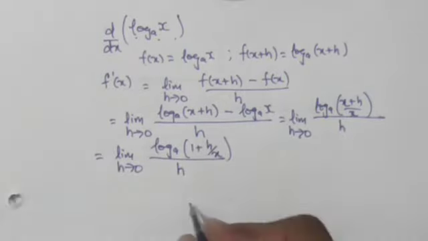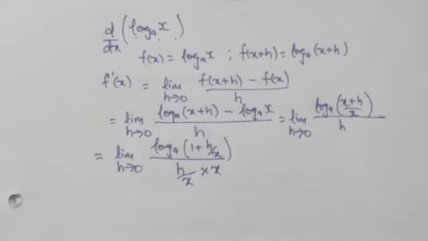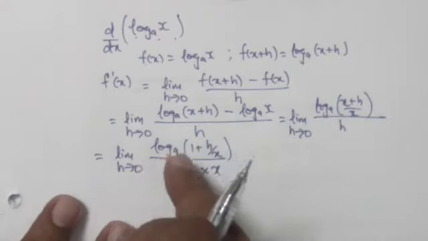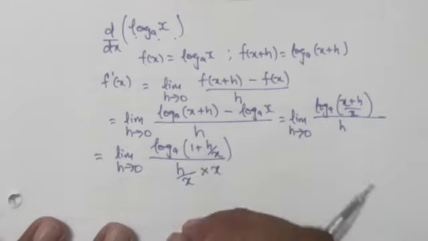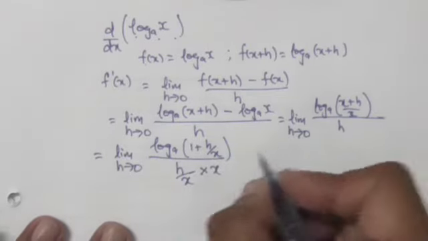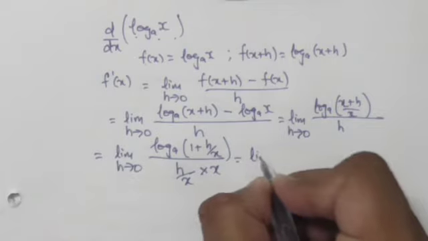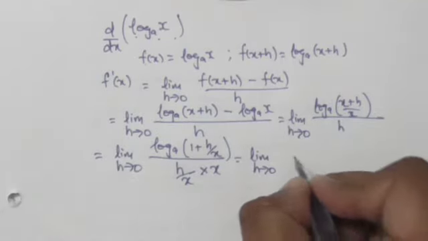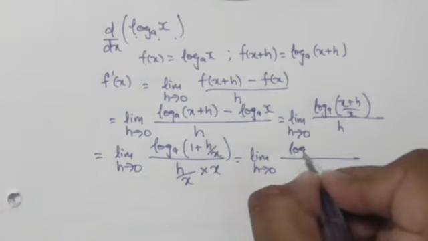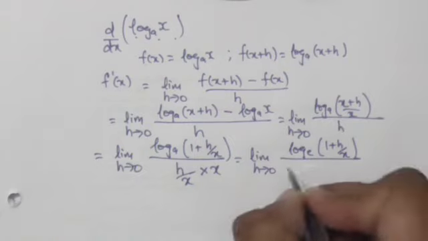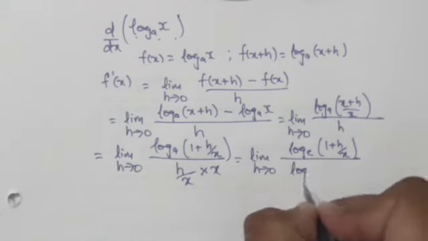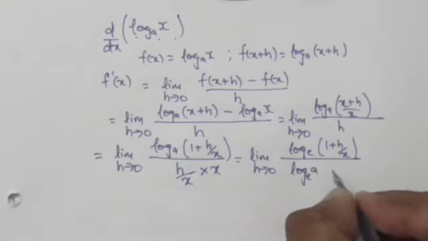Now we will divide and multiply the denominator by x, right? Now this log has base a, and what I want is a log with base e. Then I can apply the formula. So for that purpose, what I'll do, I'll write log with base e (1 + h upon x), and I will divide it by log with base e a, right?